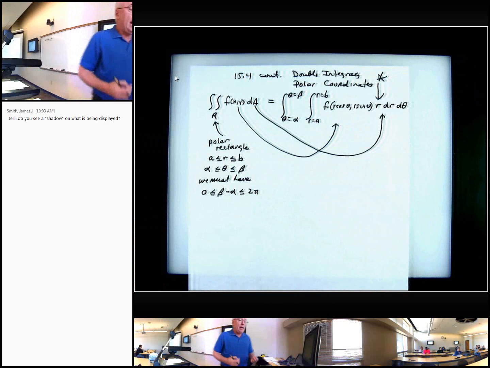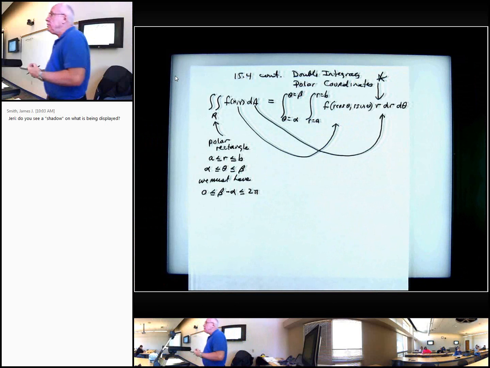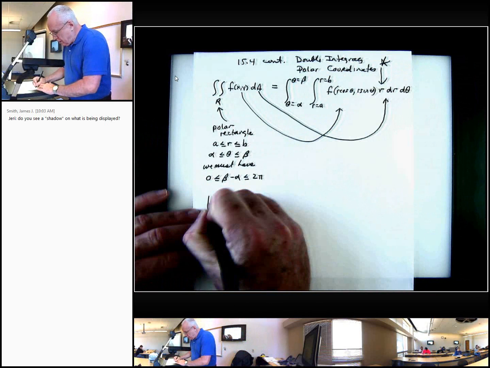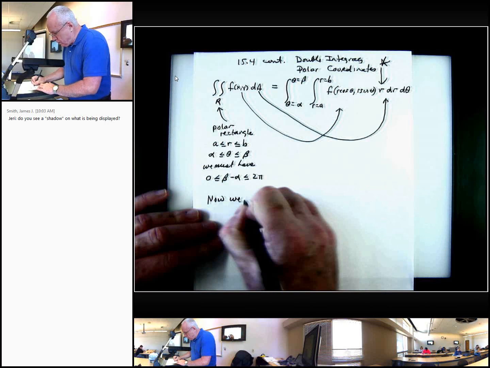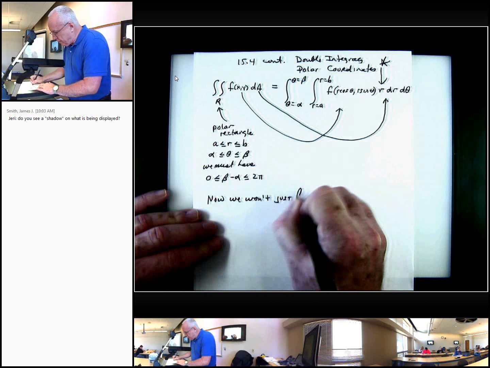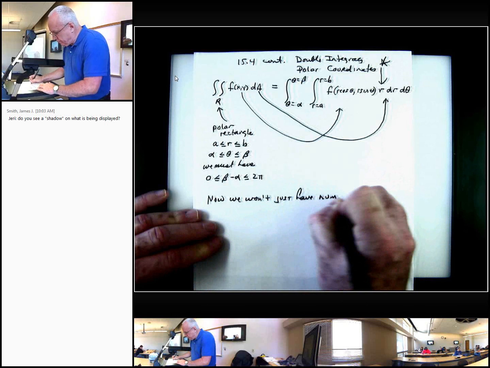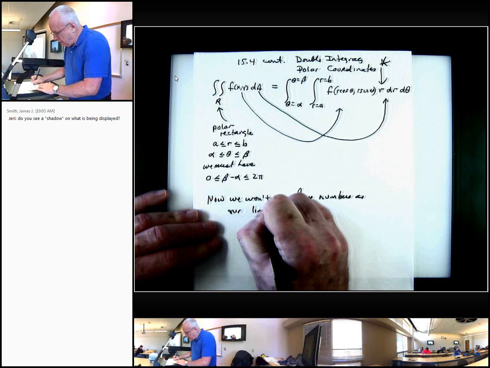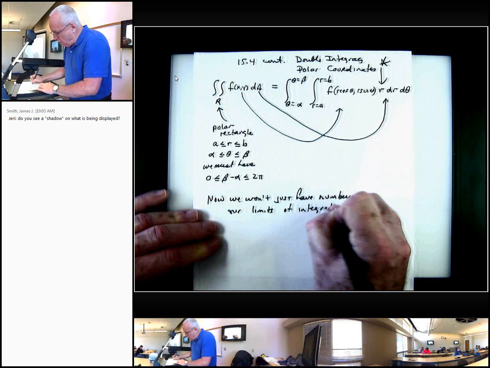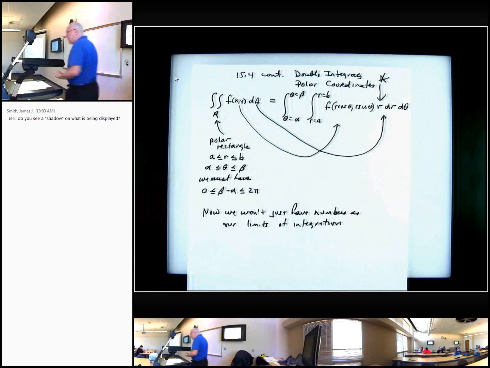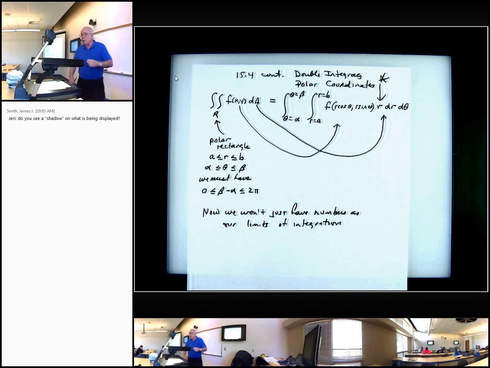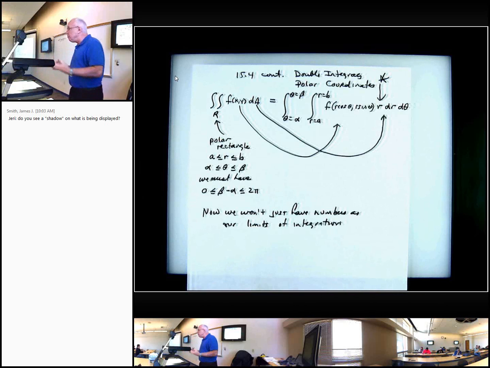So this time we won't just have numbers as our limits of integration. What we're going to have is that the inside limit of integration is going to have some kind of function involved with it. Remember, we must always have numbers with the outside limits of integration.